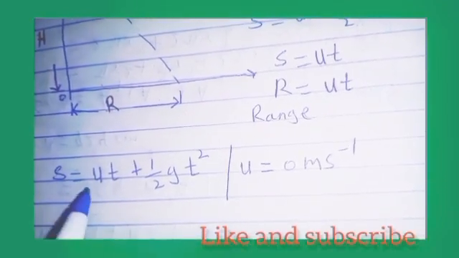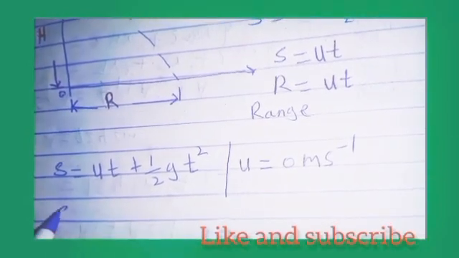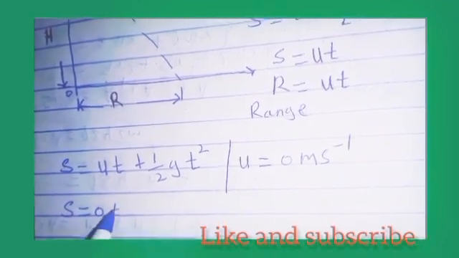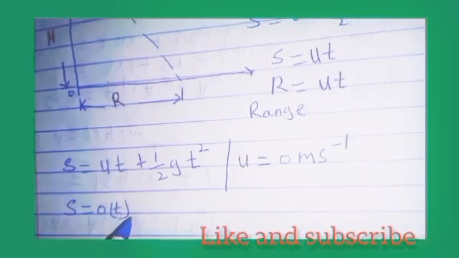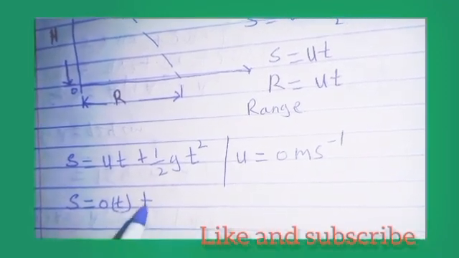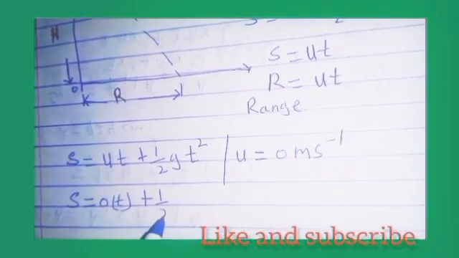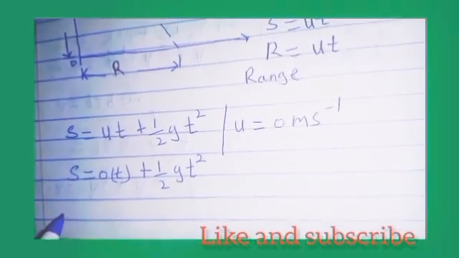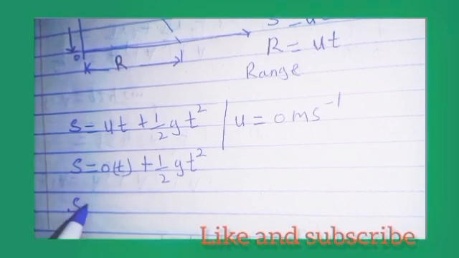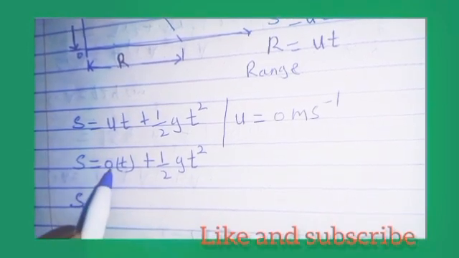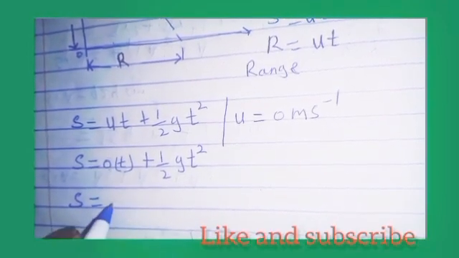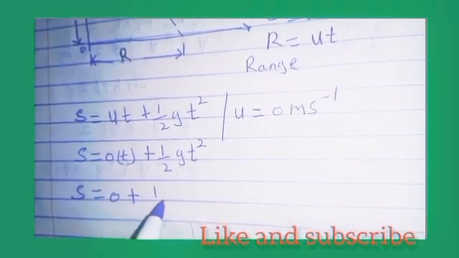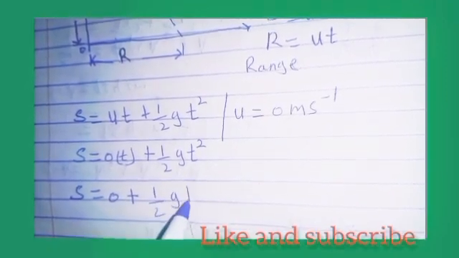So we substitute u with 0 here to get S is equal to 0 multiplied by t plus half gt squared. When you simplify, S will be given by 0 times t is 0 plus half gt squared.